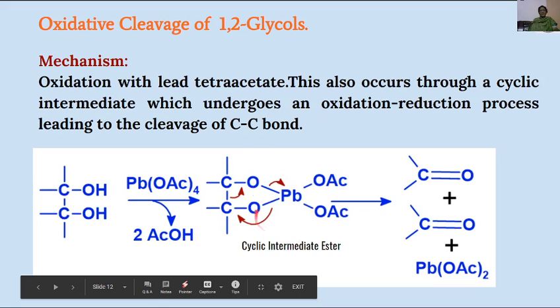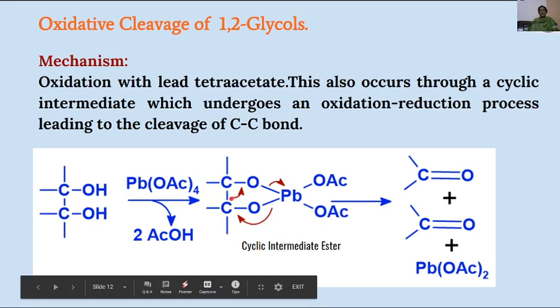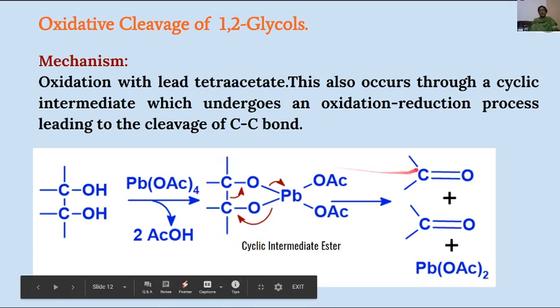So there is a breakage of this carbon-carbon bond and the formation of a double bond between this carbon and oxygen, and also the formation of a double bond between the other carbon and oxygen. So it gives us the formation of 2 carbonyl compounds and 1 lead diacetate molecule is eliminated.